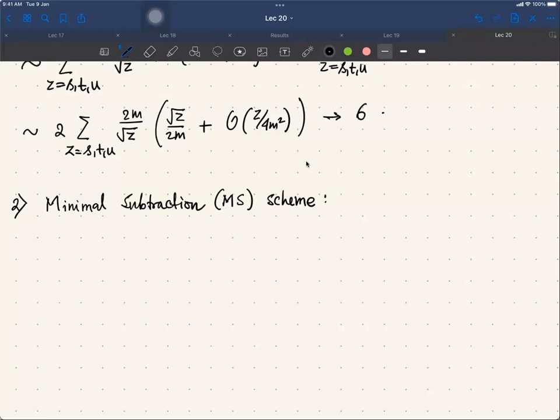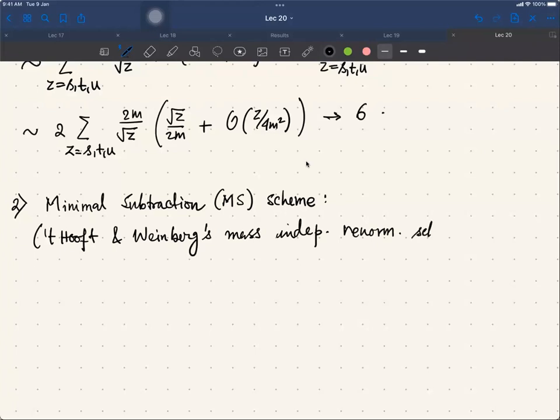This was discussed by 't Hooft and Weinberg, and it's called mass independent. It has another name, which is mass independent renormalization scheme. We will see what that means.